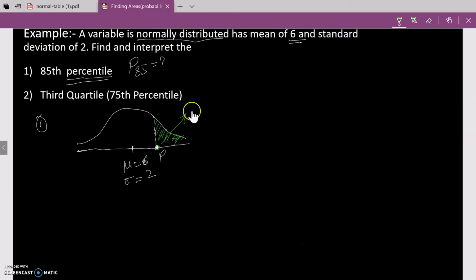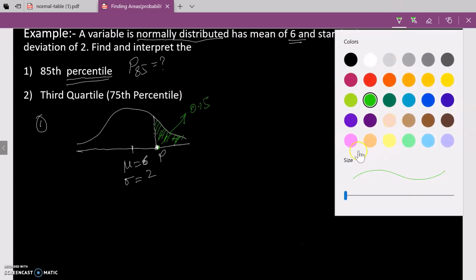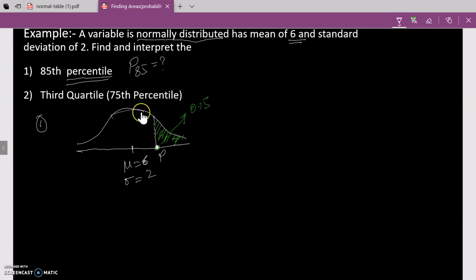So this area will be 0.15, and this area, using a different color, will be 0.85.